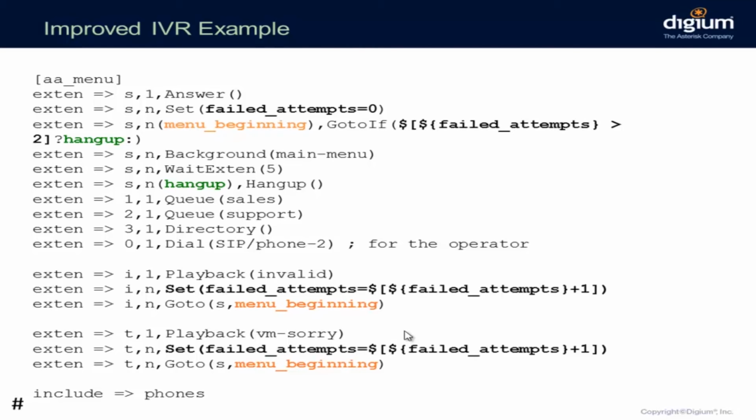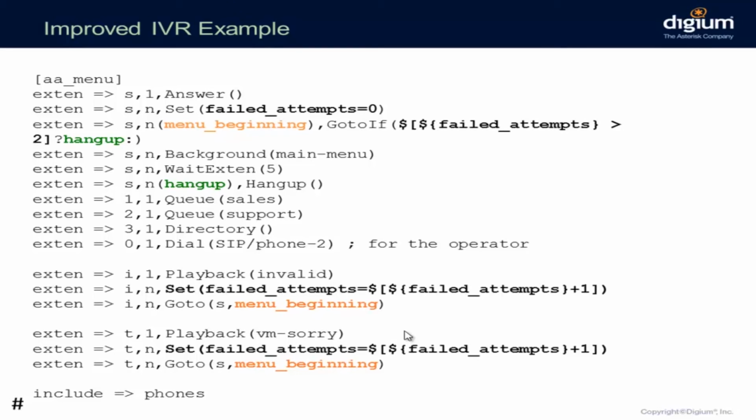So here we have an IVR. It's going to answer, and we have an improved IVR. So we're going to set up a variable so that if the person makes a mistake or selects an option that is not one of the available options, they can do that, but no more than 3 times, right? Because we want to hang up the call at some point. We have fail attempts equals 0.